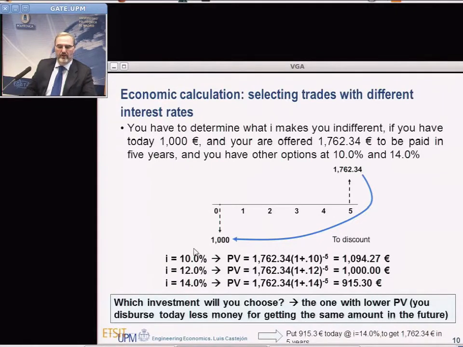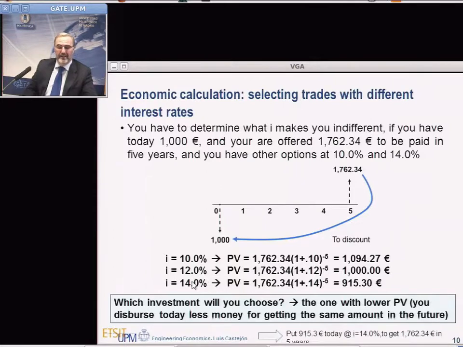So why choose the investment alternative at 10%, if with the second investment at 12% you just put in 1,000 euros and get the same amount in 5 years as putting in today a higher amount? So the most logical thing is to put the less money today.